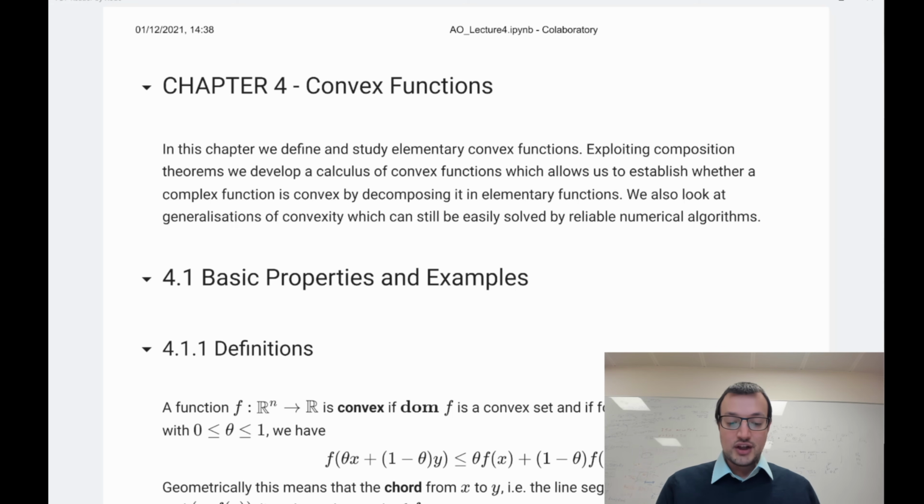We will also look at generalizations of convex functions, in particular quasi-convex functions and log-concave functions, because even though those functions do not satisfy convexity, we can still solve optimization problems that have those types of generalizations in an efficient and reliable way using convex optimization.